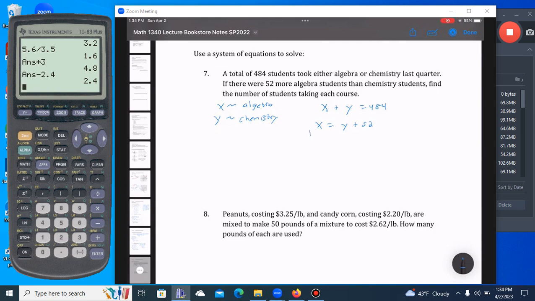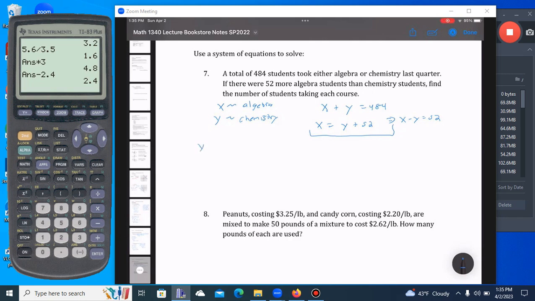Now this type of system, you would think that substitution would be an easy one to do, and it is. You can plug y plus 52 right in there for x. You can also adjust this kind of easily, so you get x minus y equals 52. That makes elimination just as simple. Okay, but I am going to do substitution.